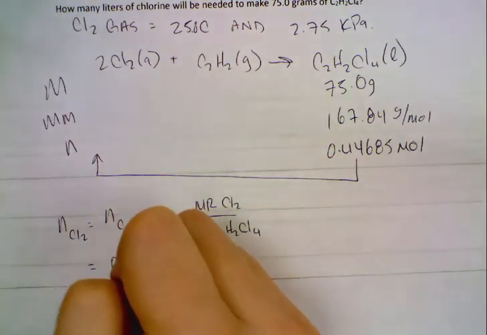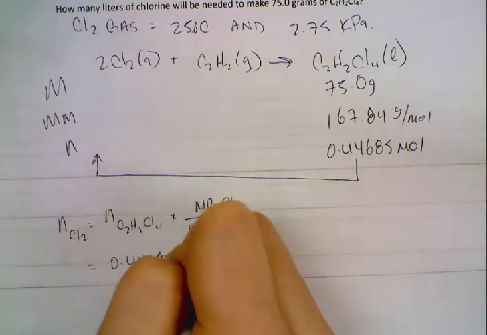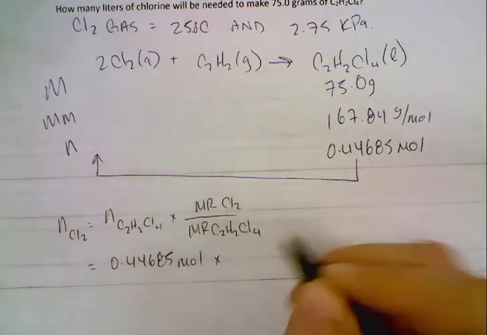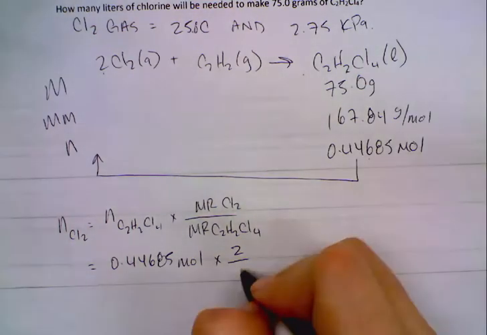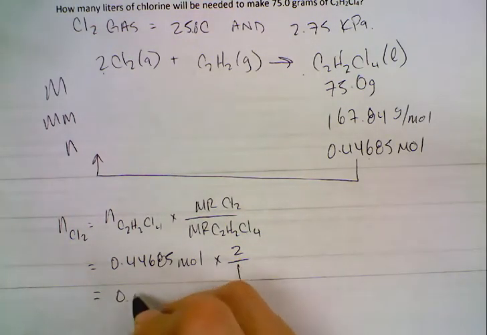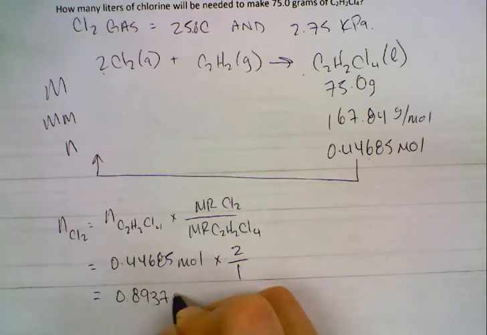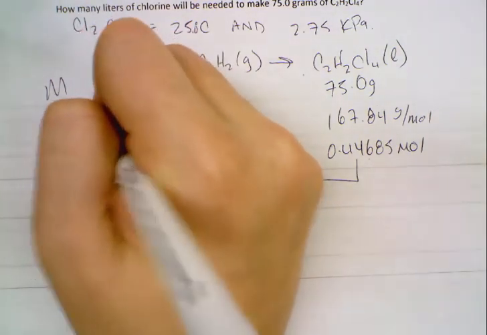Okay, so we know how many moles of our organic compound we have, and we're going to multiply it by 2 over 1, so that'll give us this many moles. So that's how much of this we have.